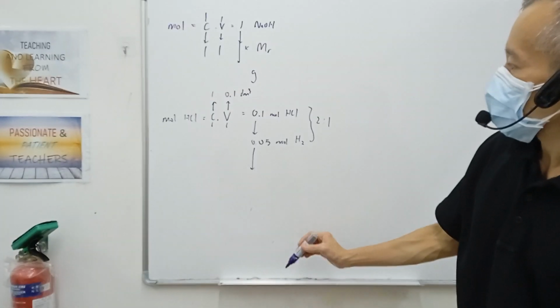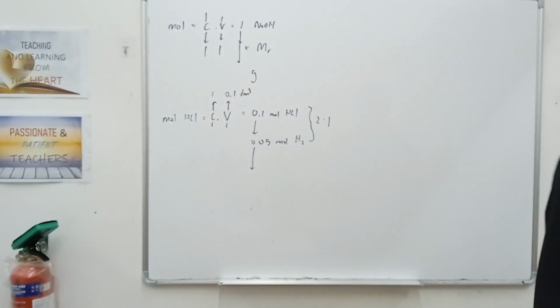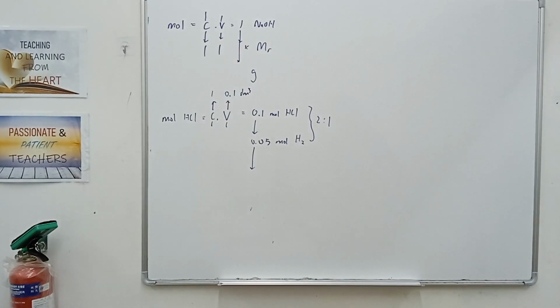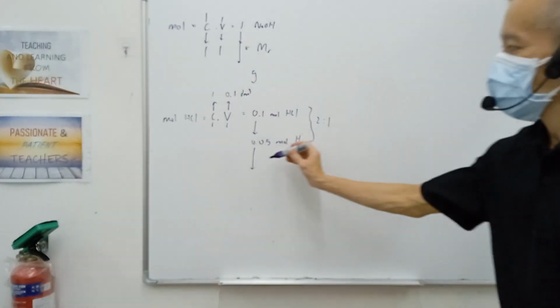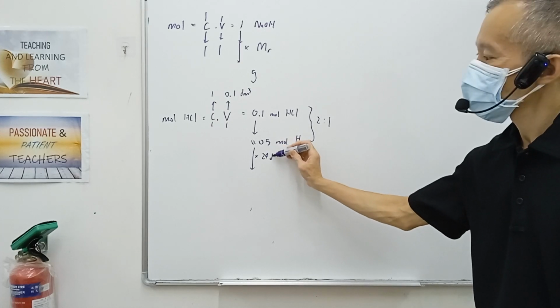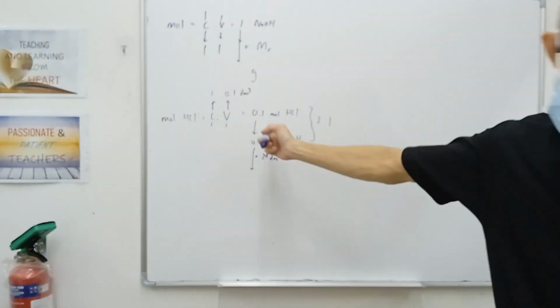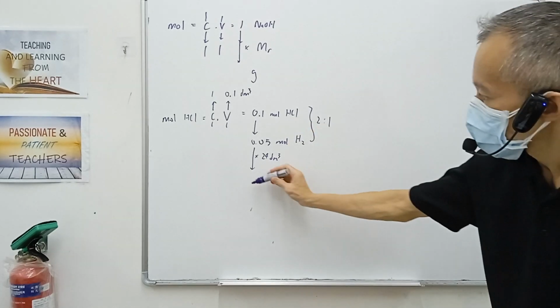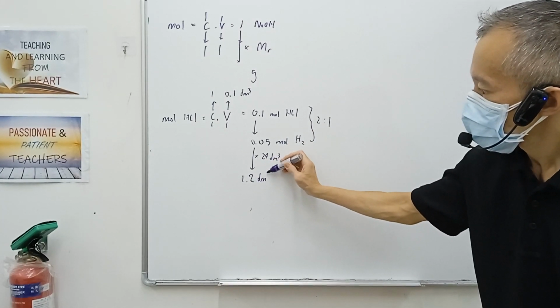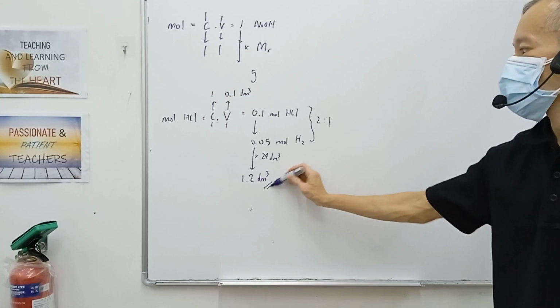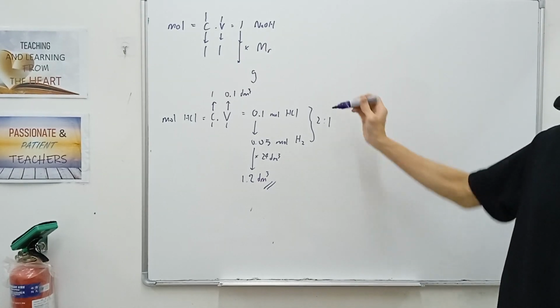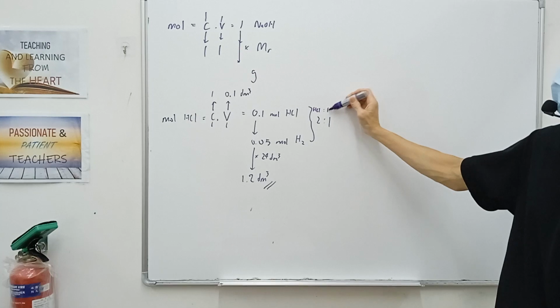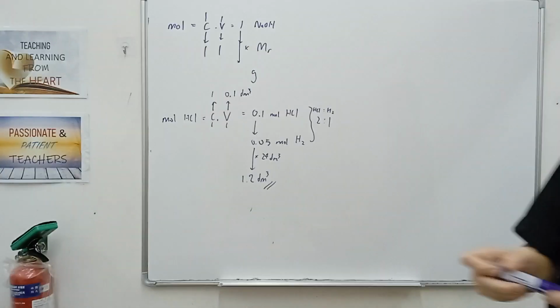Come, Charlotte, how to get volume from the number of moles? Mole to volume. Yeah, that's all. Alright, so if you use your calculator, you should get 1.2. Yep.